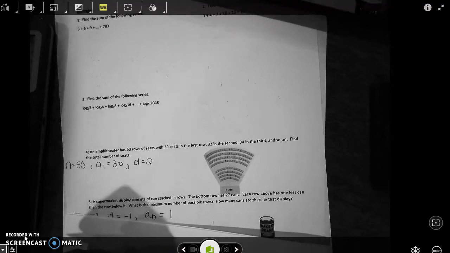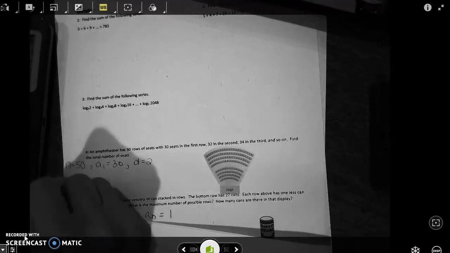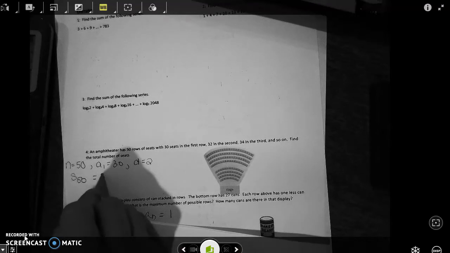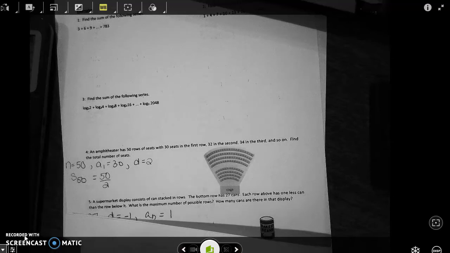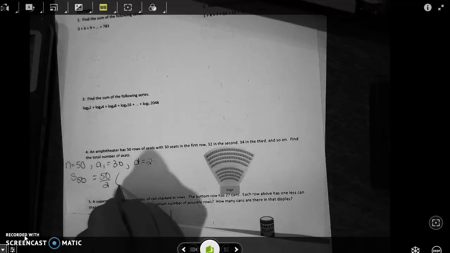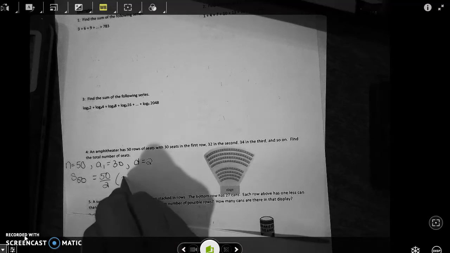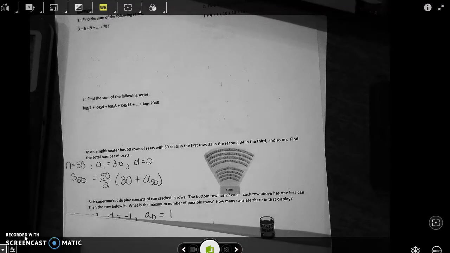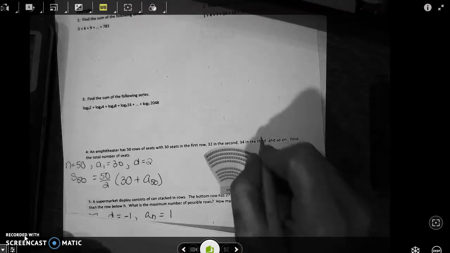So if I want to find the total number of seats, I'm going to be finding S sub 50, which will equal, there will be 50 over 2, or 25 pairs. And then I have to find what all those pairs add to. So I know the first term is 30, but I do want to find A sub 50. And I know I can find A sub 50 by coming to the side and using the explicit formula.